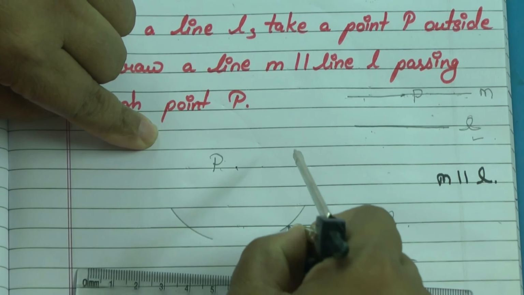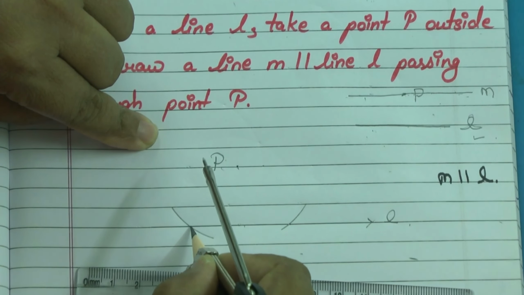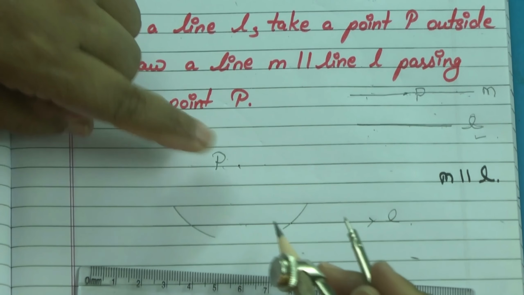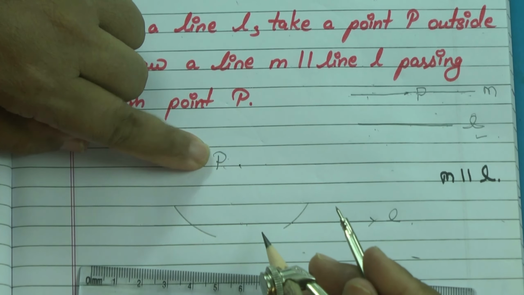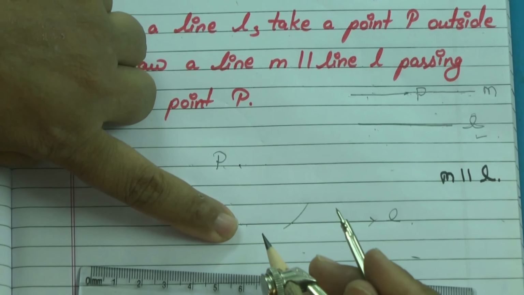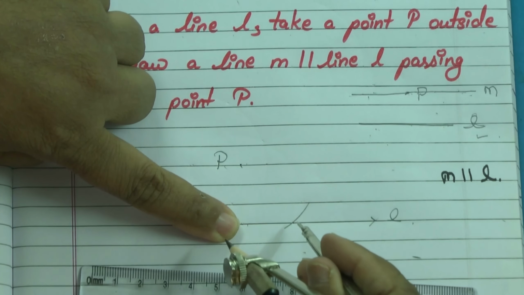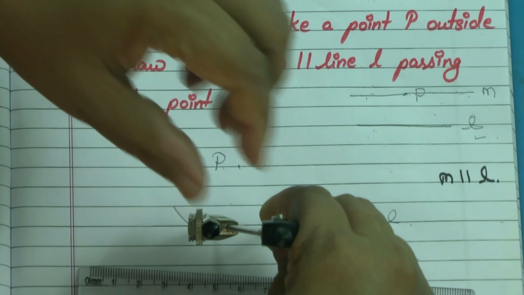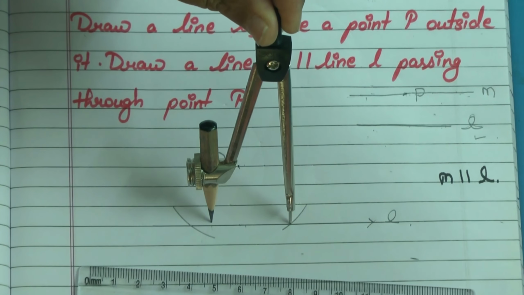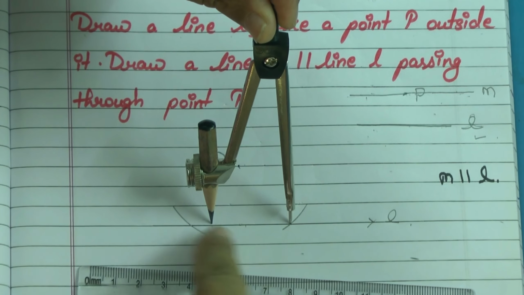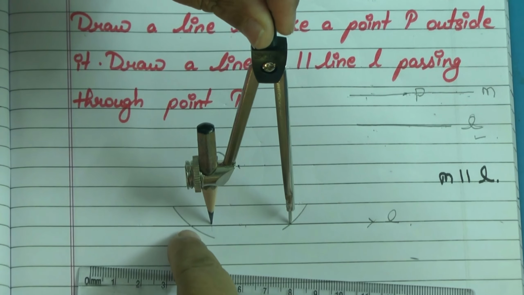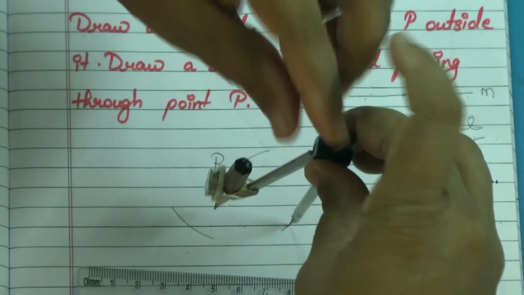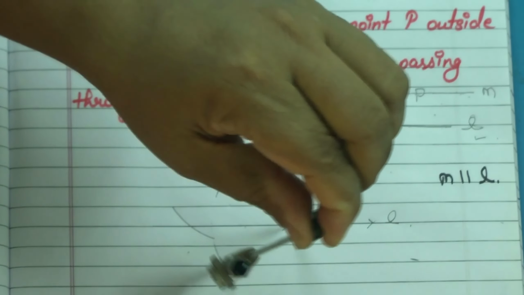This is the point where the arc is cutting the line L, and this is the point where the arc is cutting the line L. Now, I need to draw a perpendicular line from the point P on line L. Take more than half between the 2 arcs. Give an arc above and give one arc below the line.